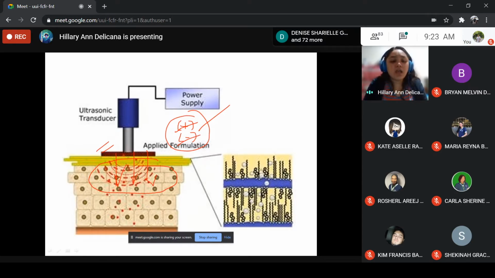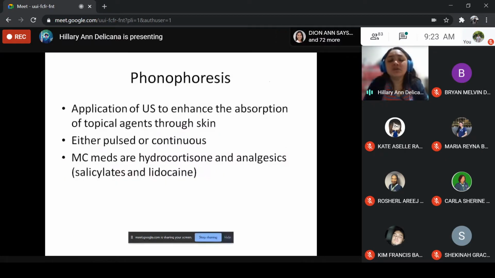So any medicine that will be prescribed by the doctor can be used with ultrasound. Okay, so it is the application of US to enhance the absorption of topical agents. It can be used in either pulsed or continuous mode, both are possible.